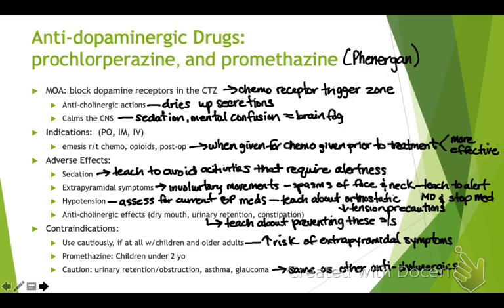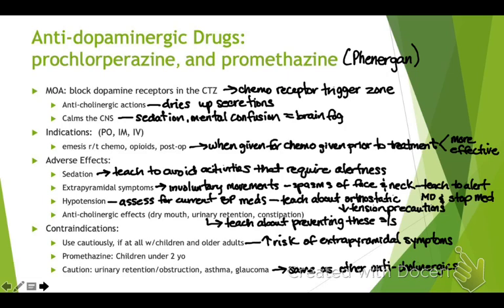You want to again teach your patients about orthostatic hypotension precautions. Also the adverse effects are going to involve anticholinergic effects, your typical dry mouth, urinary retention, and constipation. And with urinary retention, make sure you're teaching your patients how to prevent it by voiding every 4 hours and drinking plenty of fluids.